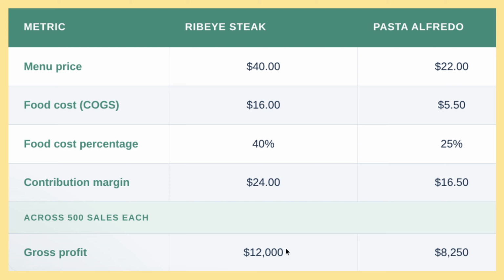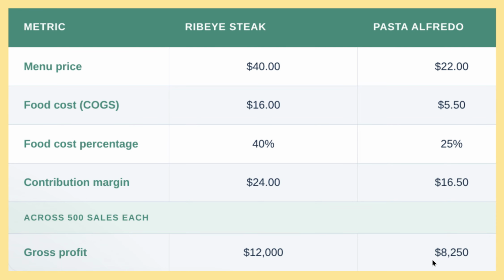That's pretty good. Compared to an Alfredo pasta, the menu price is $22. We have a 25% food cost, which is great. We'd love to see that. So it only costs us $5.50 to make, but $22 minus $5.50, we only have $16.50. So across 500 sales, we're looking at only $8,250 made off of that pasta.